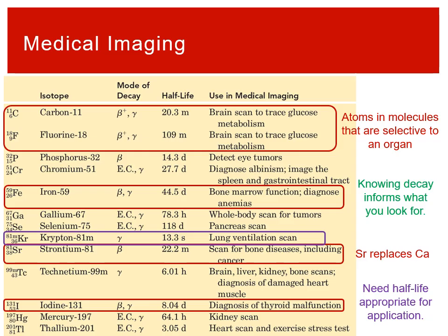So you need to use an isotope that has a pretty short half-life, 13.3 seconds. So when all the krypton gets into your lungs, it's emitting its gamma rays that can then be observed. And then when you breathe it out, that also corresponds. You breathe it out after it's done, so you're not necessarily that concerned about any sort of lasting effects. There is going to be some deposition, but you are going to breathe it out mostly.